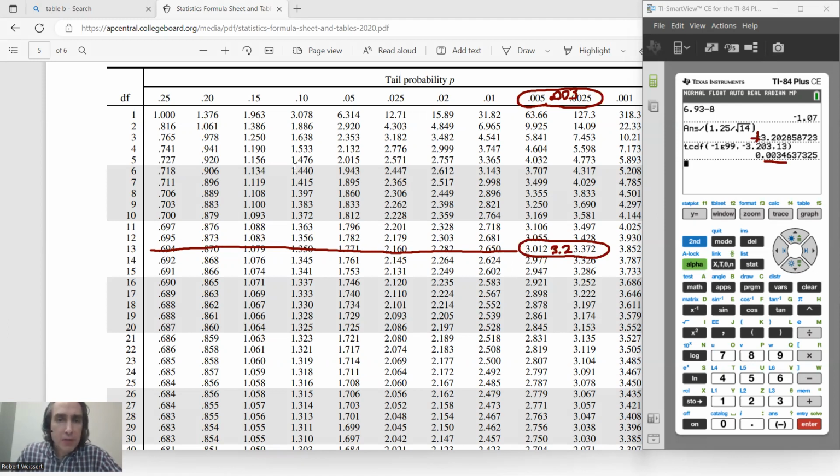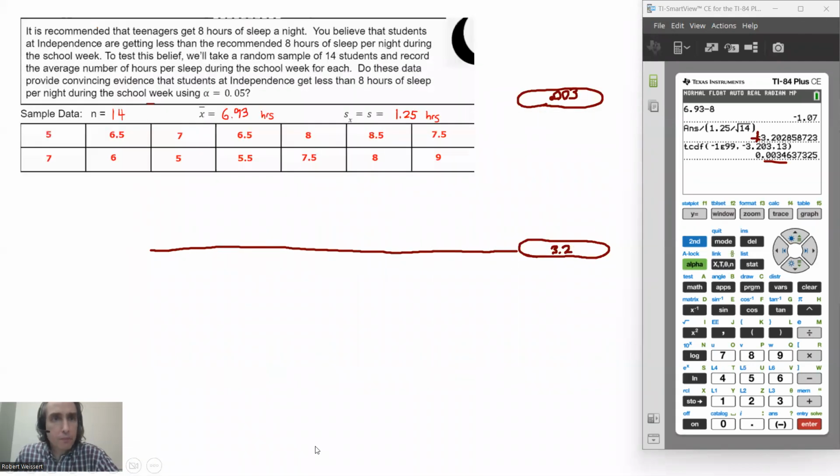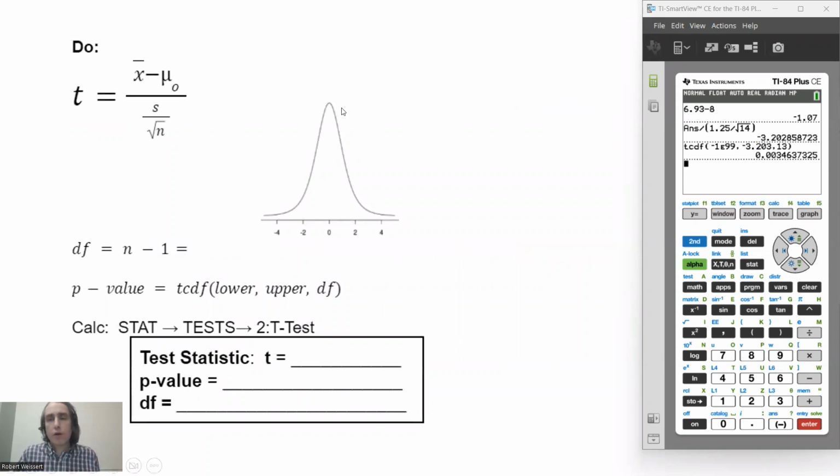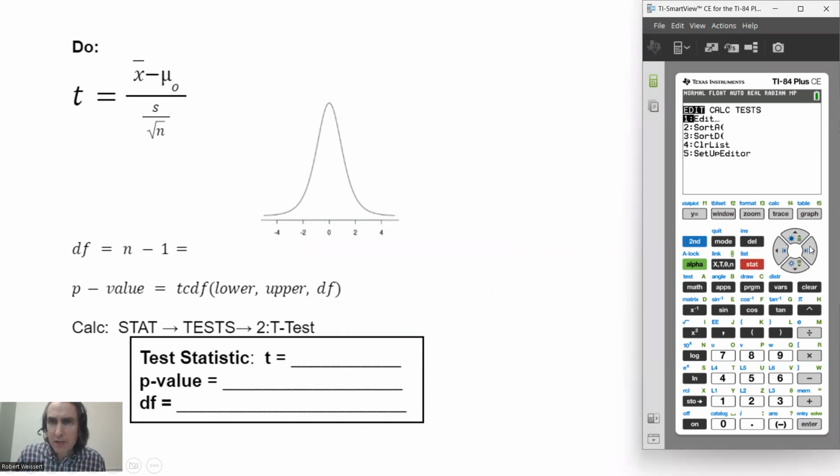Now, for practical purposes, you're going to run this test using your calculator. So when you have all this entered in here and you calculate your p-value of 0.003, let's see if we can run this in the correct test. So if you go over to test, this is a one sample t-test.